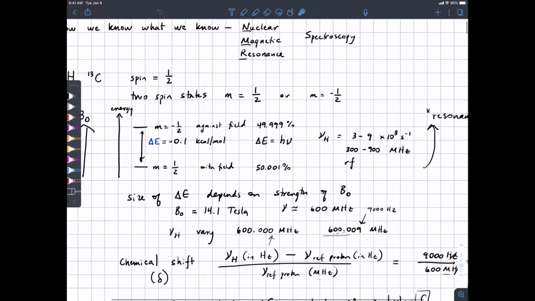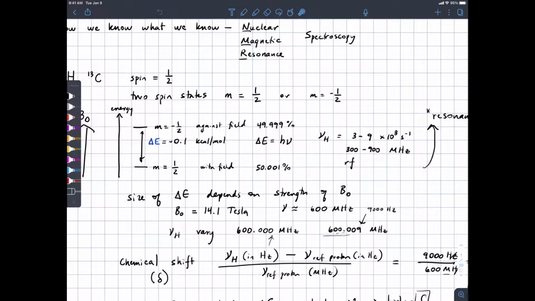we can take the frequency that a proton resonates at, subtract a reference proton frequency, and then divide it by the reference proton frequency in megahertz, and we end up with something called a chemical shift. You don't need to know any of that other than the chemical shift, which is indicated by the Greek letter delta, and relates to the frequency at which a proton undergoes spin flipping.